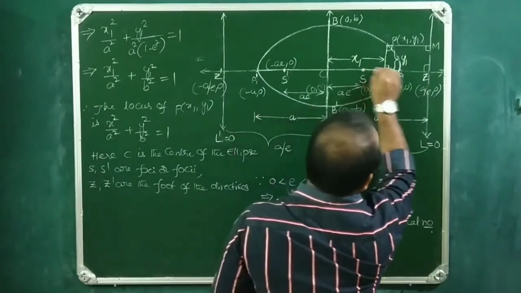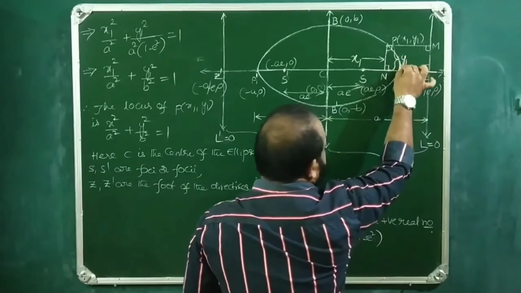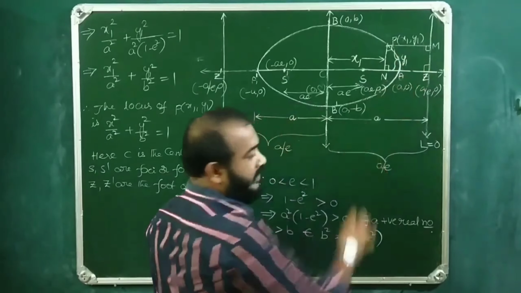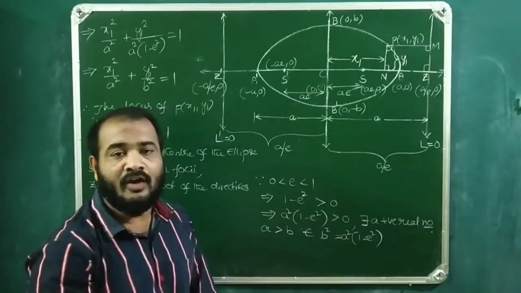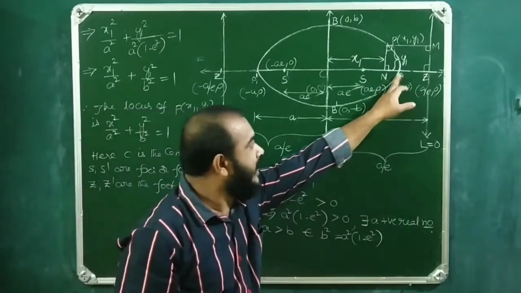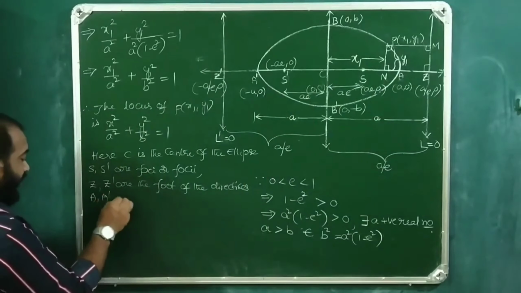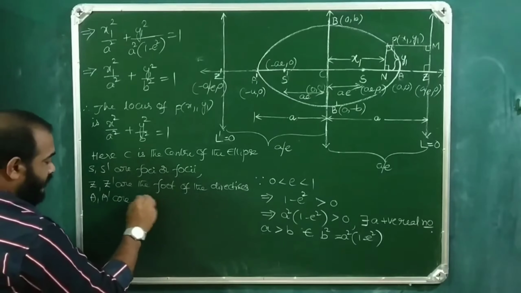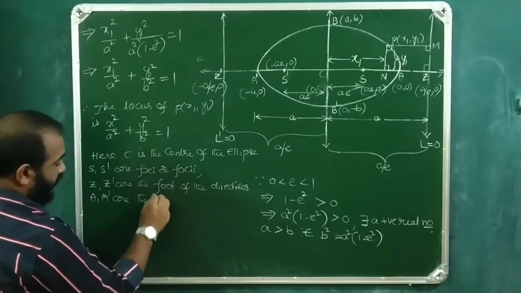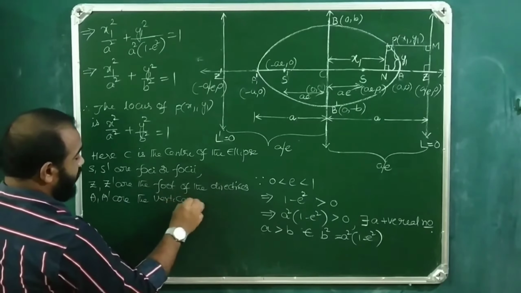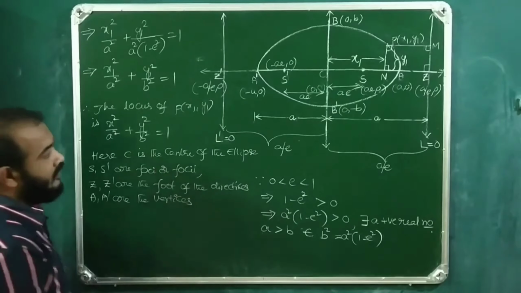So x-axis is this and ellipse is this. Both are intersecting at this point. Therefore, A is said to be the vertex, where A comma A dash are said to be the vertices of the ellipse.